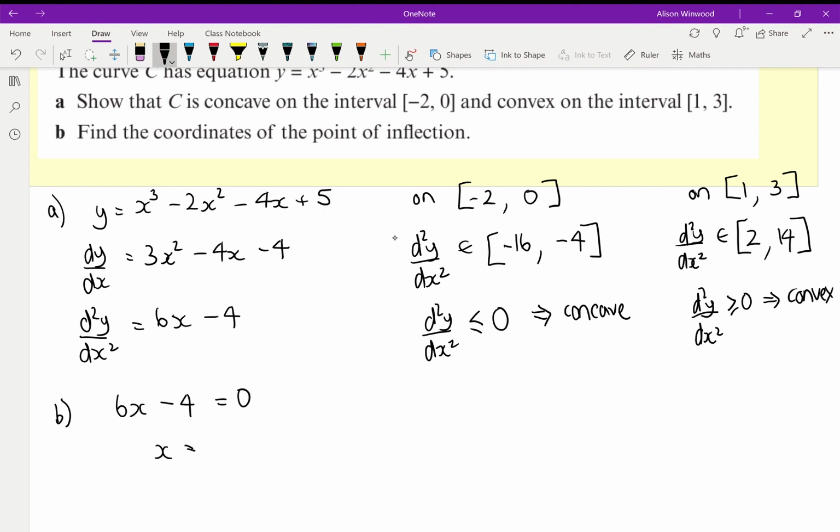So when x equals 2/3, and therefore when y equals, substitute in 2/3, subtract 2 lots of 2/3 squared, subtract 4 lots of 2/3, plus 5. Y is 1.74074 as a decimal, or as a fraction, 47/27.